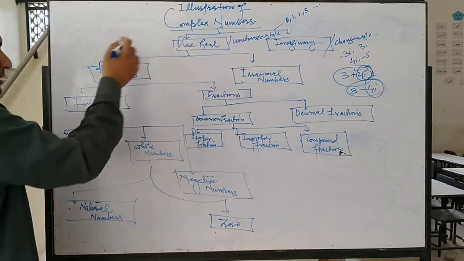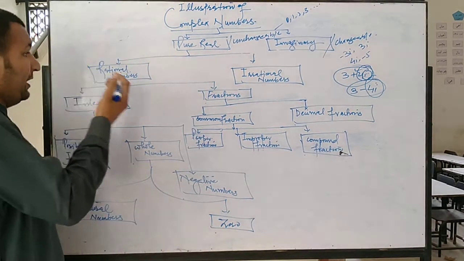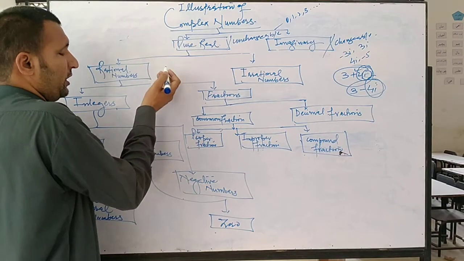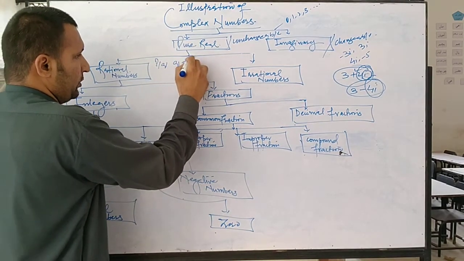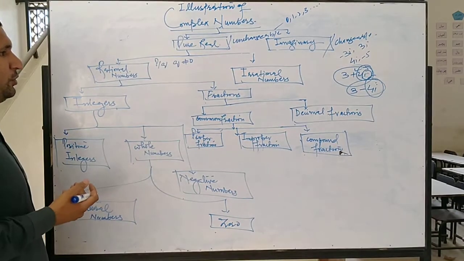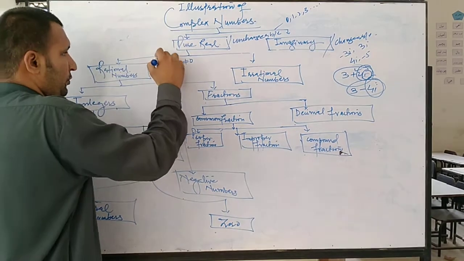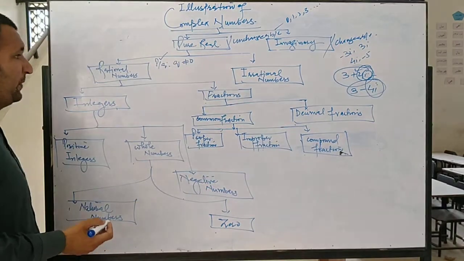Again pure real is converted into the rational number and the other is the irrational number. Rational means such a value that we can write in the form p upon q, and q does not equal 0. P upon q form means we show it in fractional form, where p is any value and q is any value.